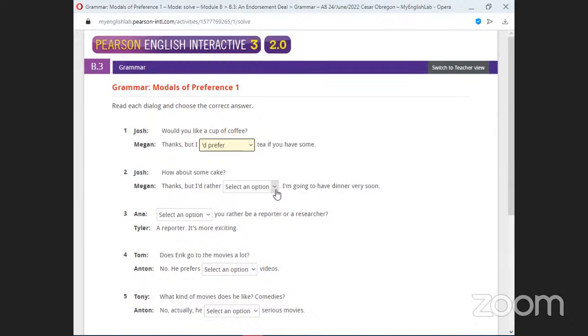How about some cake? Thanks, but I would rather don't.